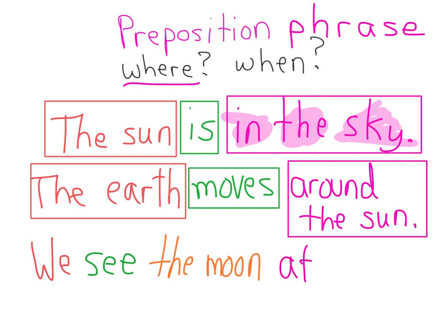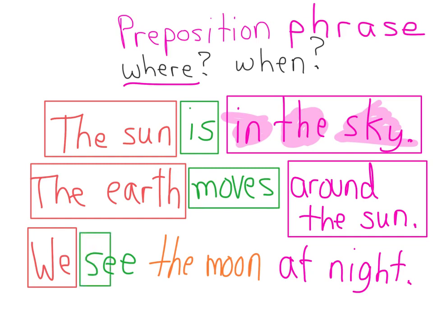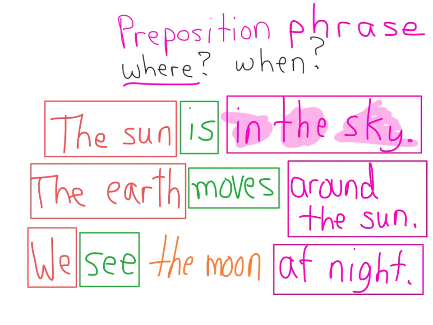Do you think at night is telling us where or when we see the moon? We is our subject. See is our verb. The moon is our object. And at night is our prepositional phrase.